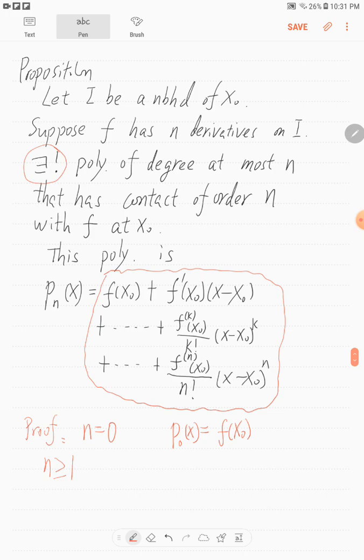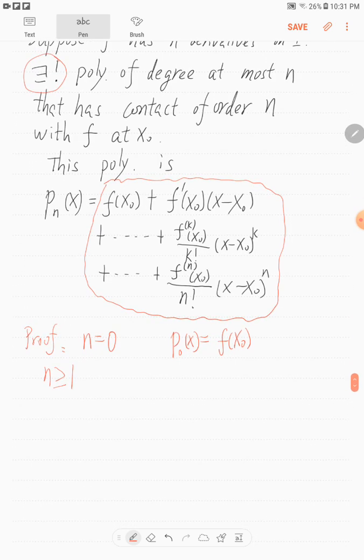So we take the differentiation of the polynomial p sub n. We want to see if the kth derivative of p sub n, of course with k less than or equal to n, at x naught is equal to the kth derivative of f at x naught.